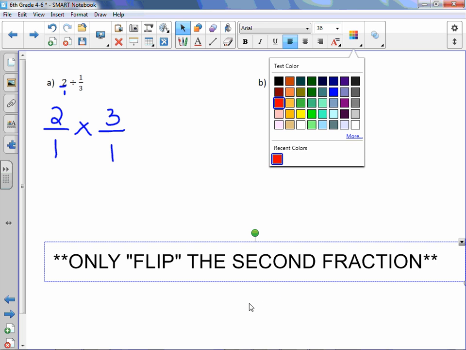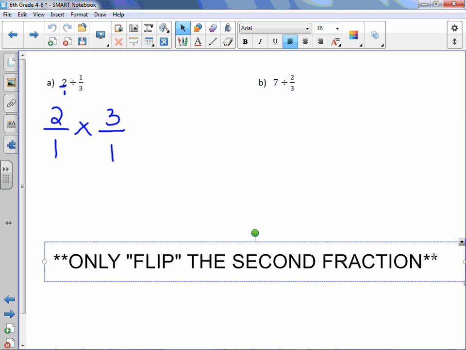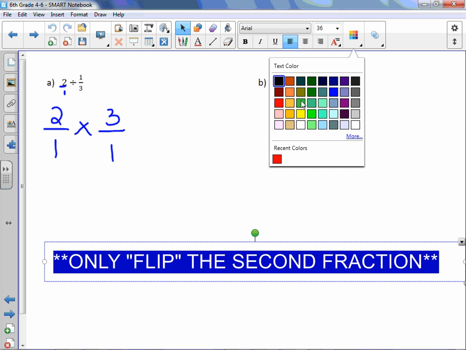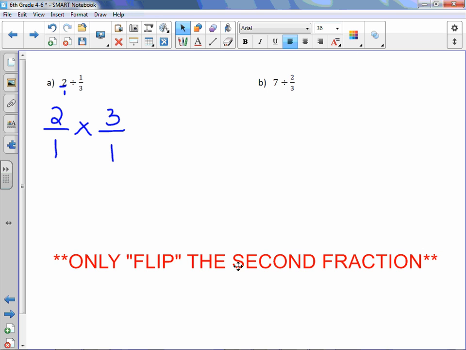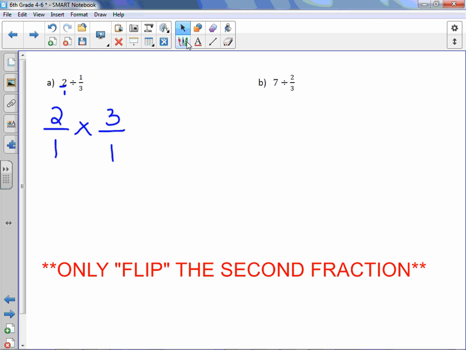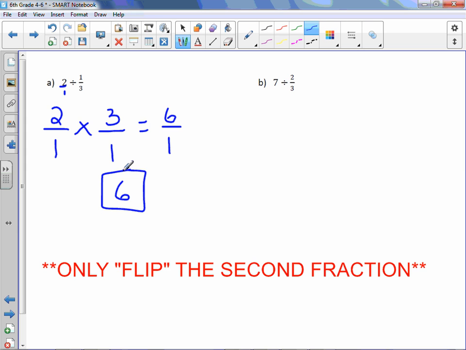You will always flip the second fraction. Okay, so let's continue with this problem here. Now we just multiply as normal. 2 times 3 is 6, 1 times 1 is 1, and 6 divided by 1 is 6.